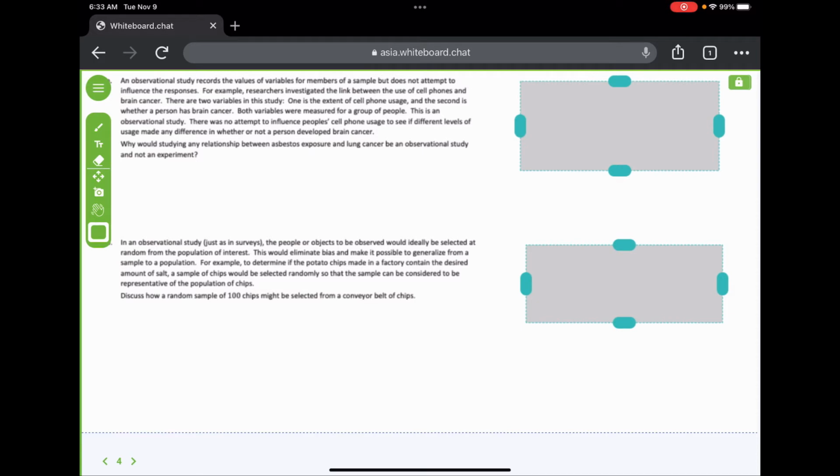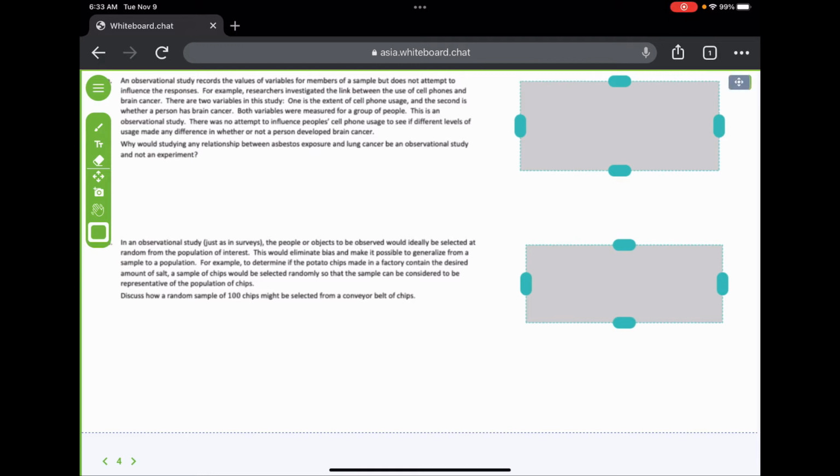There was no attempt to influence people's cell phone usage to see if different levels of usage made any difference in whether or not a person developed brain cancer. Why would studying any relationship between asbestos exposure and lung cancer be an observational study and not an experiment?